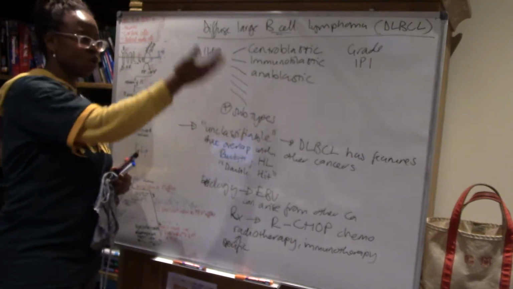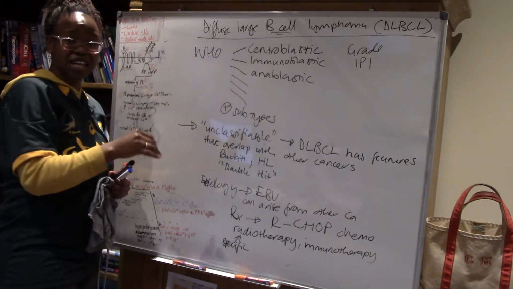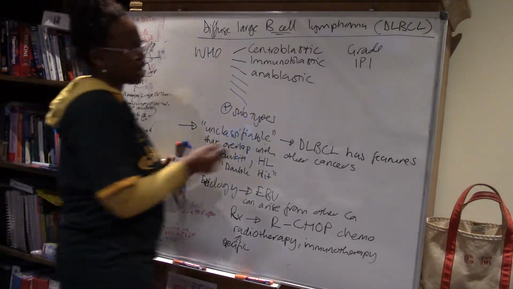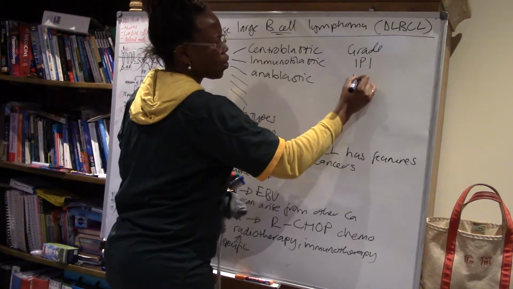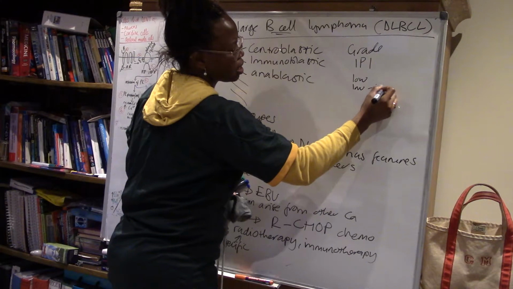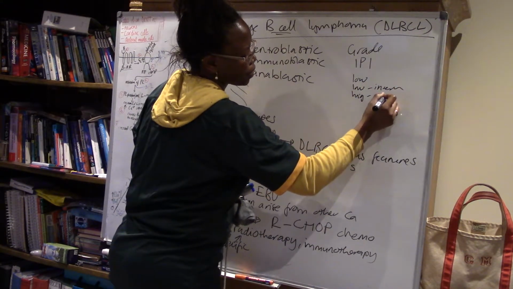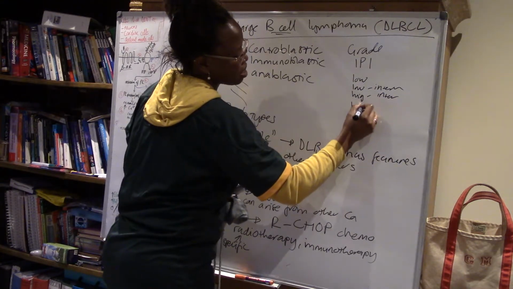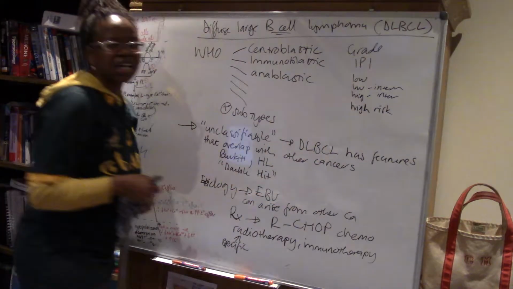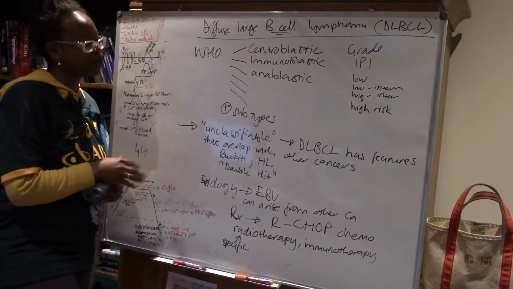Again, it will measure all the features similar to the lymphoma, including LDH, which is then graded between low risk, low intermediate, high intermediate, and then high risk. And that guides treatment, similar to follicular.